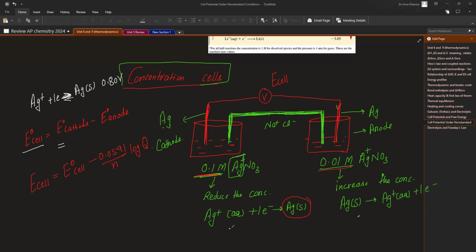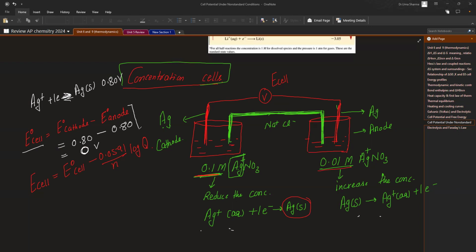Reaction is this. So what's the reduction potential of cathode? 0.80. What's the reduction potential of anode? 0.80. What is E naught cell?